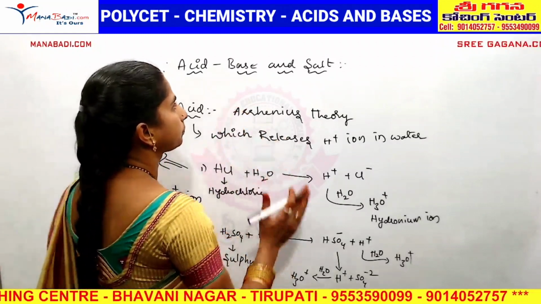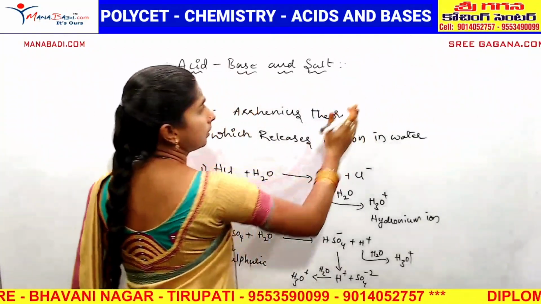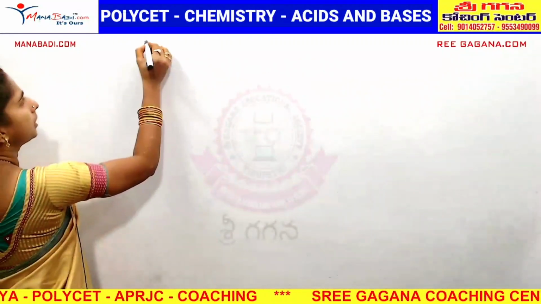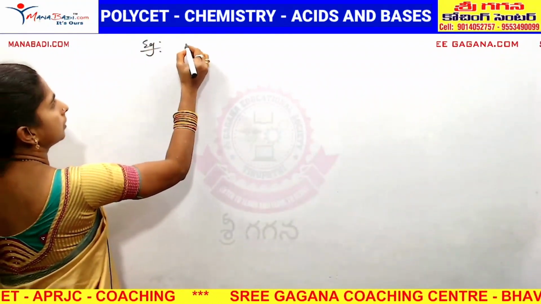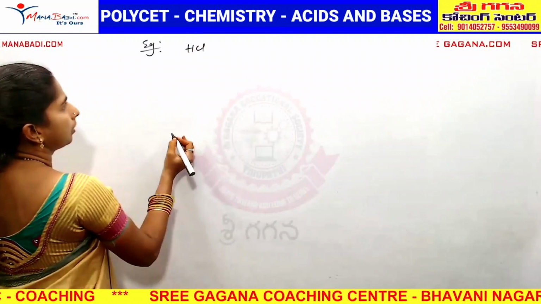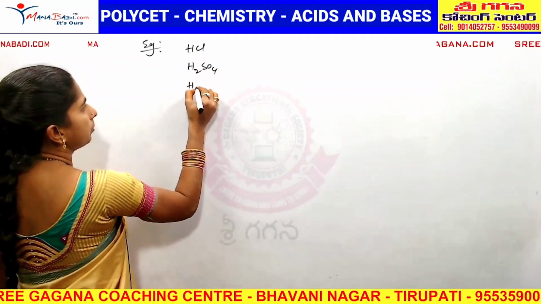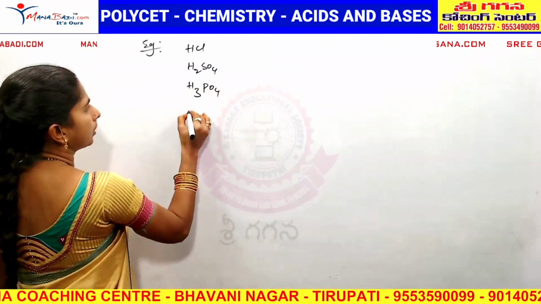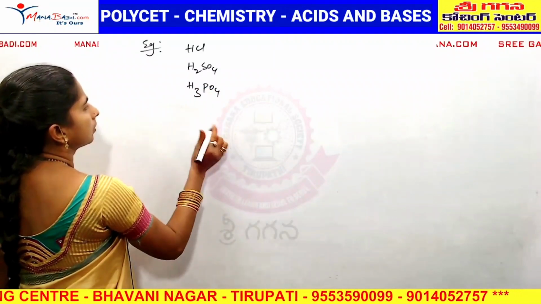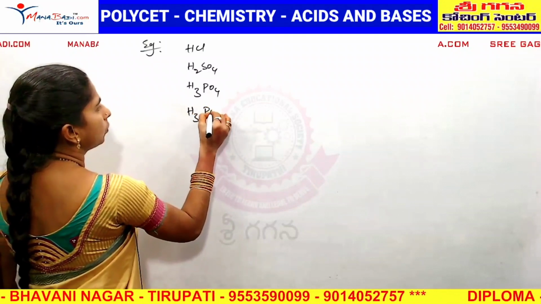After that, the examples of acid. Number 1, HCl, which we already know, and H2SO4, H3PO4 and H3PO3.